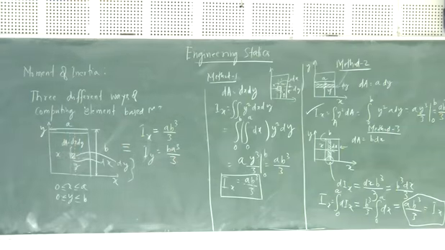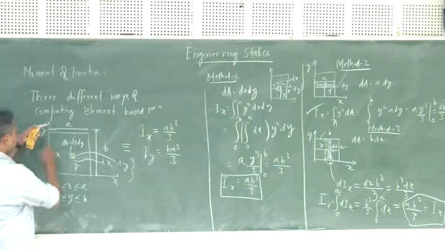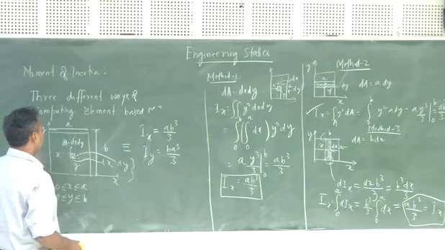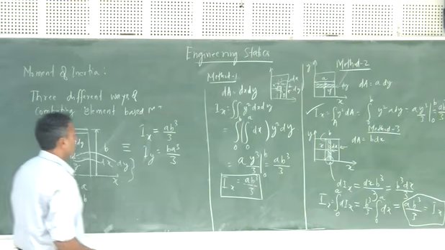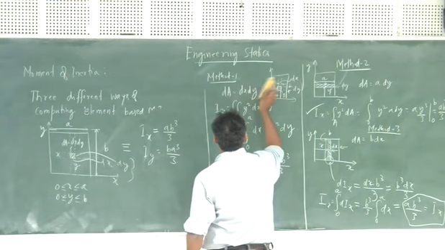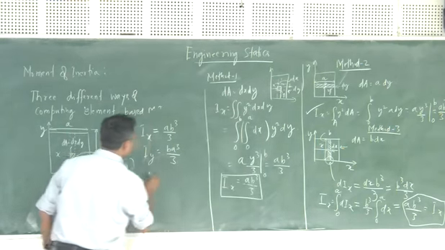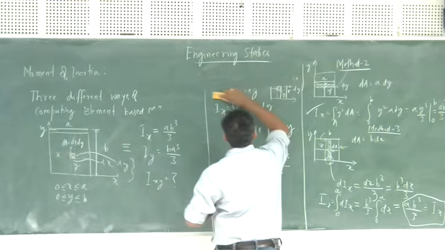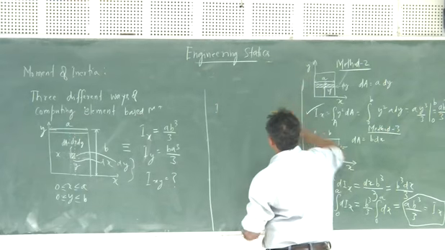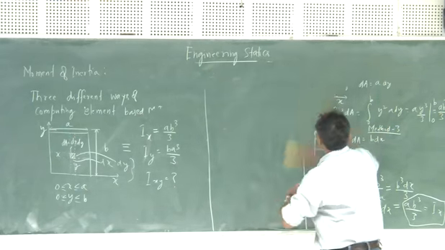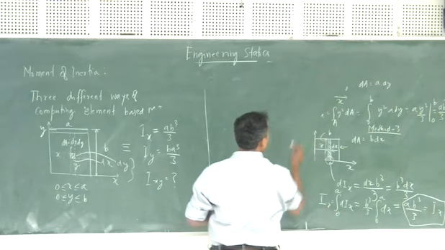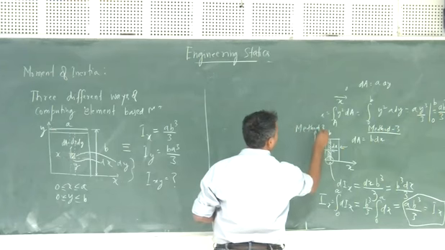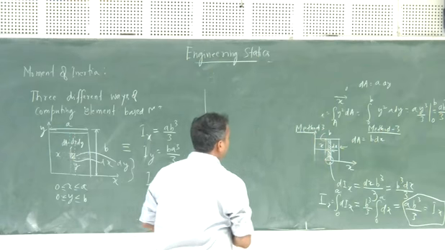Now the question remains, what will be the value of Ixy? Since the axis is here, you will not really get the formula directly. So let's try to apply the formula and see if it turns out to be the same. Sorry, this was method 2, and the last part that I just wrote was method 3, in which we had this kind of element.